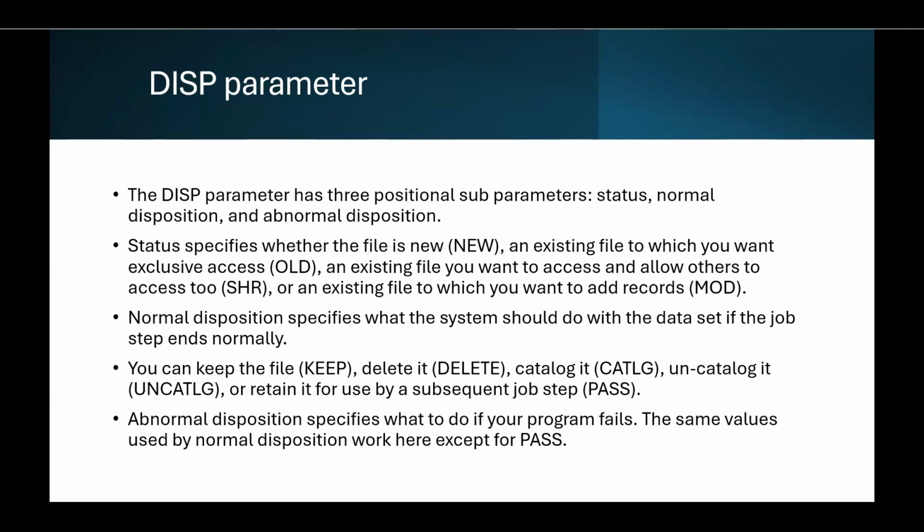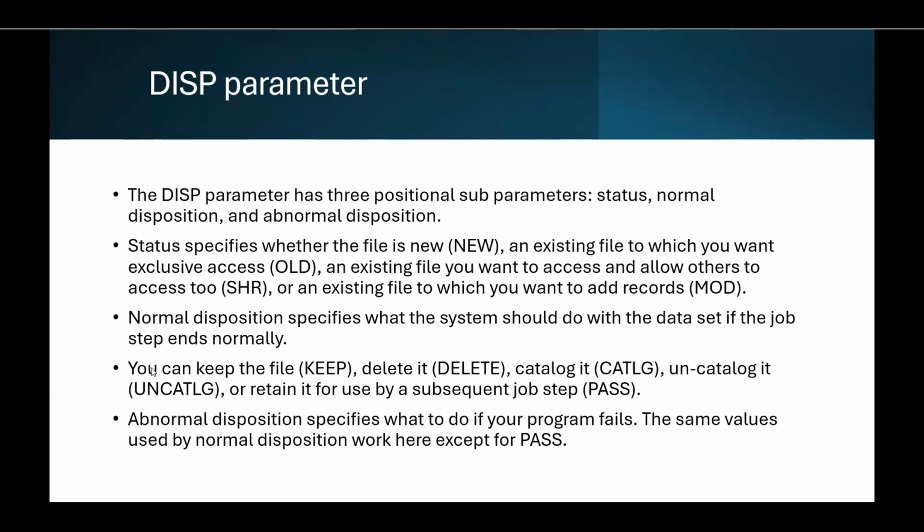If your job or that particular job step completed successfully, what should you be doing with that file? The operating system asks you: do you want to delete it, keep it, catalog it, uncatalog it, all those operations. So that is all about the normal disposition. And there are four to five options for normal disposition.